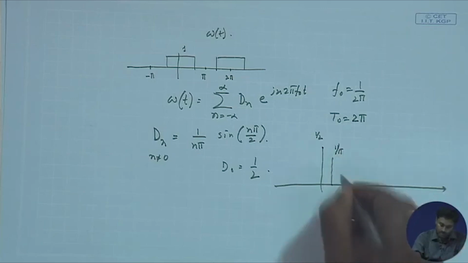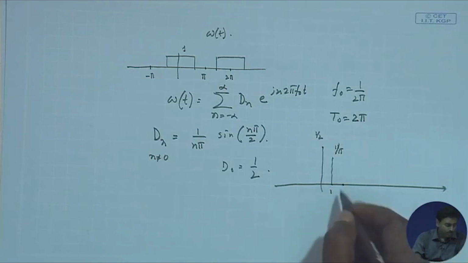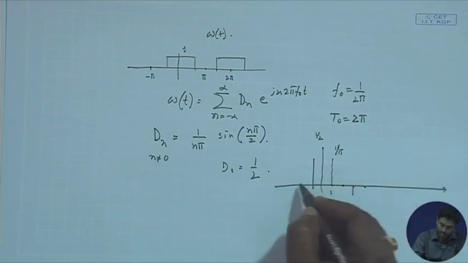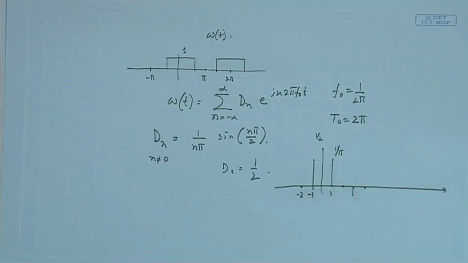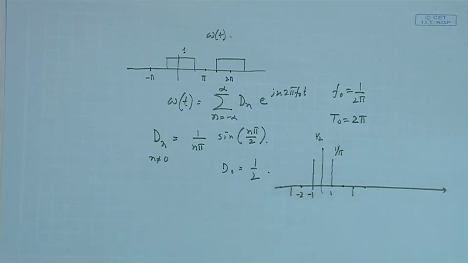At 2 you got 0, then it was going into negative, again 0 and so on, and it is symmetric. So, at minus 1, minus 2, something like this. Okay. So, this is what we have got.